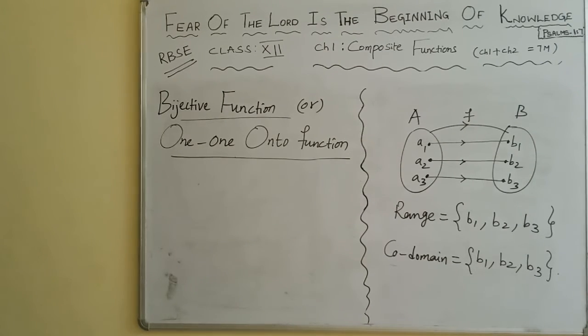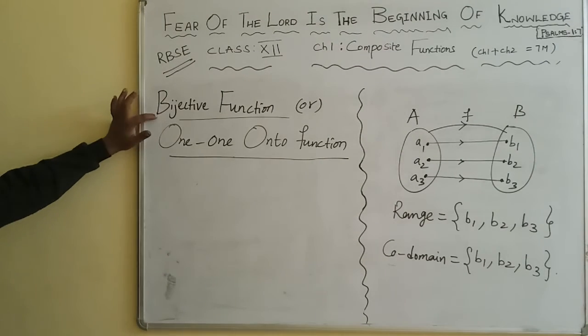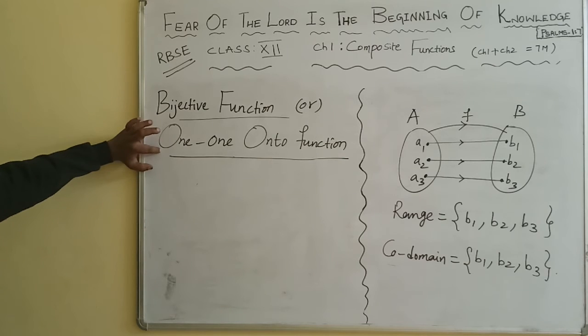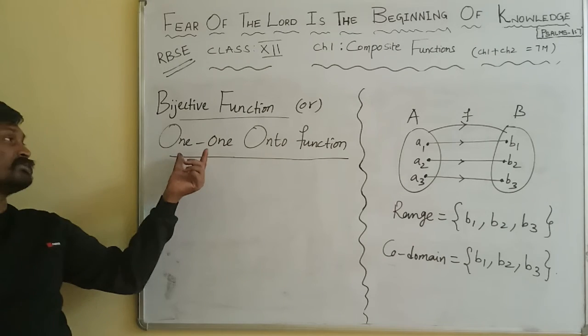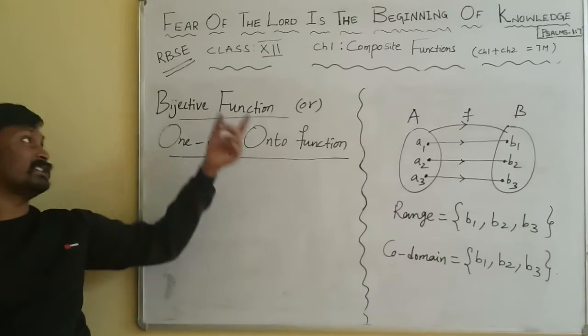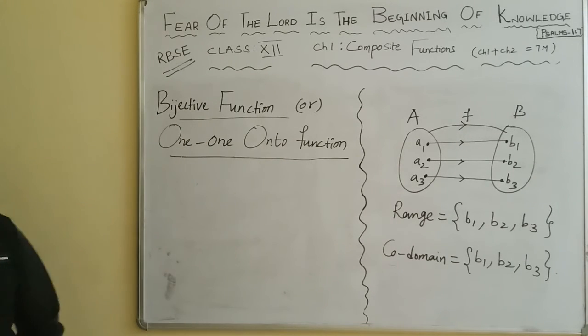Right, we'll move on to the next topic, that is bijective function or one-to-one onto function. The name itself indicates that bijective means two, so it needs to satisfy two conditions. If a function is one-to-one and onto, then it is called a bijective function.